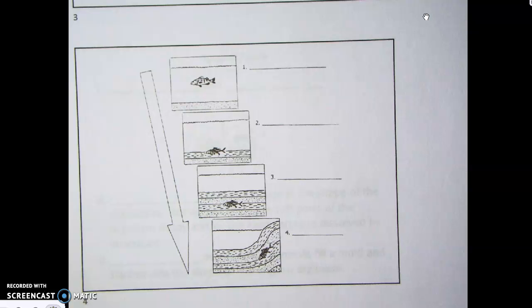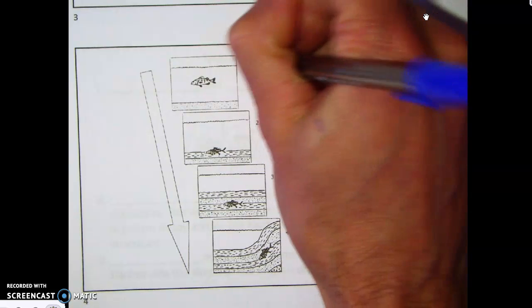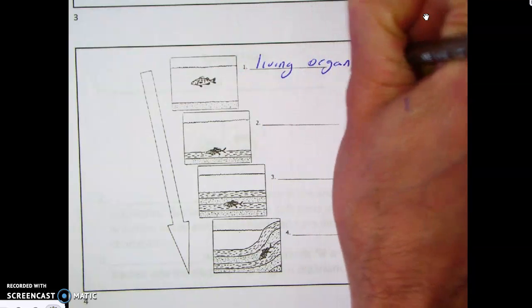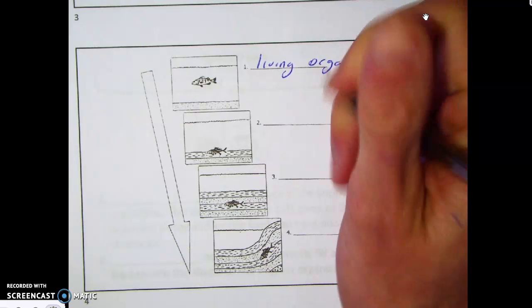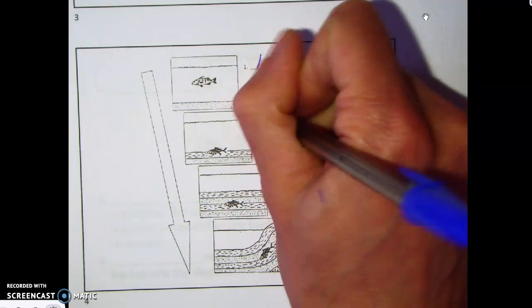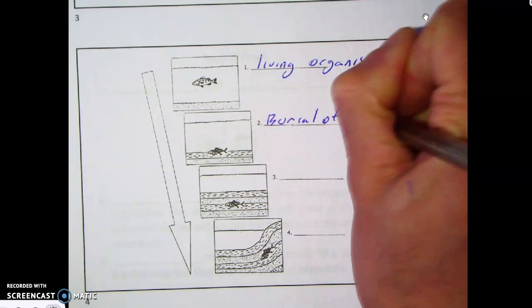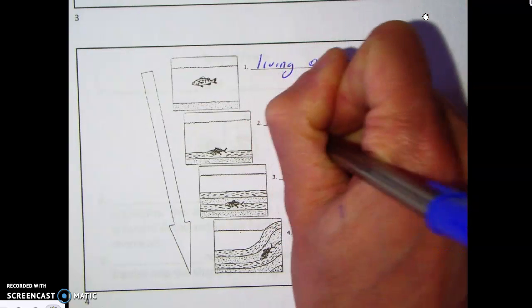So a typical sequence for fossilization would be something like this. We have a living organism, like a fish. The animal, of course, dies. And we have the burial of the hard parts, in this case, the skeleton.